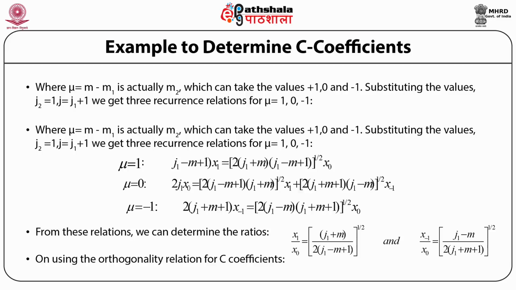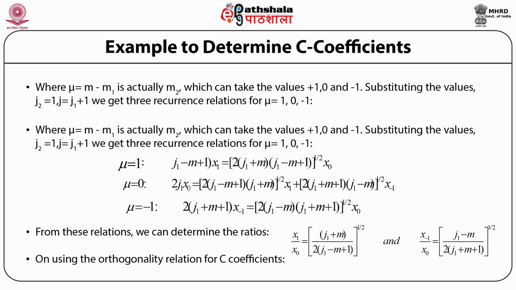Now, as defined above, x mu is <j1 1 m-mu|j1+1 m>, where mu is m minus m1, which is actually the value that we've been taking as m2 till now, which can take the values plus 1, 0 and minus 1.